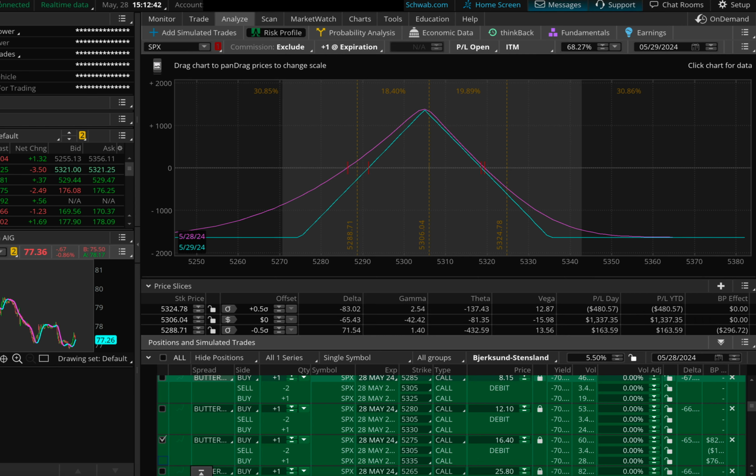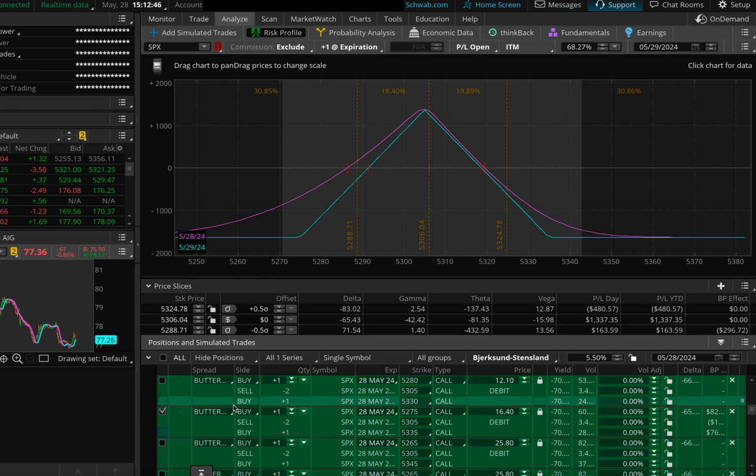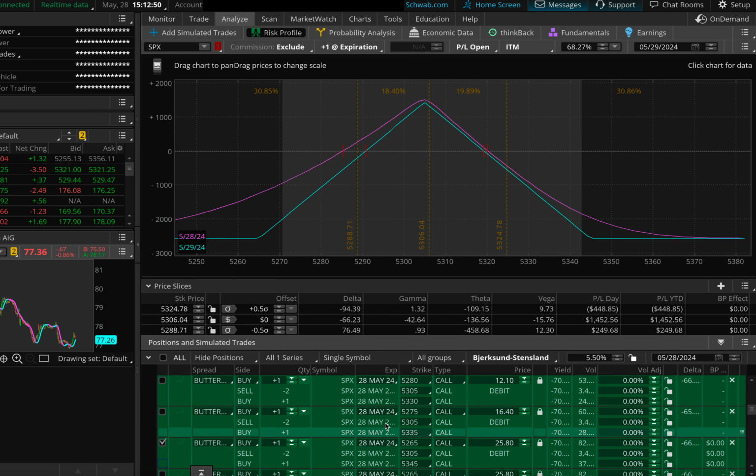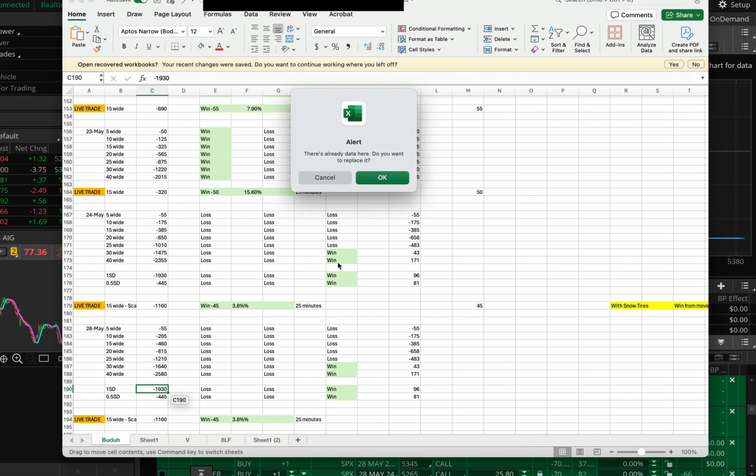And then the last one is the 40 pointer. The risk on the 40 point is 2580. So minus 2580.